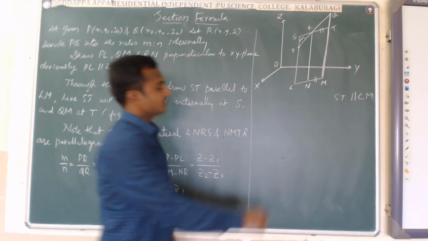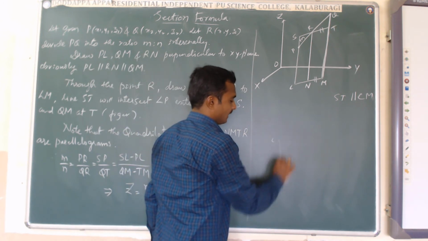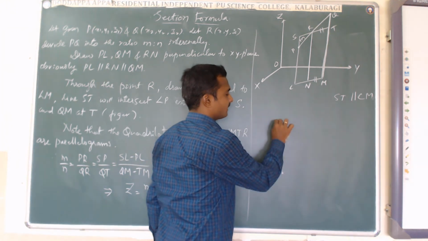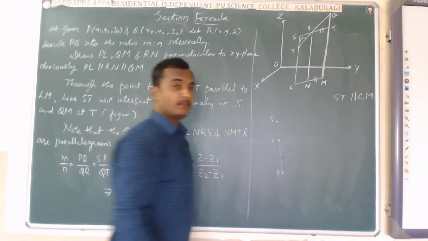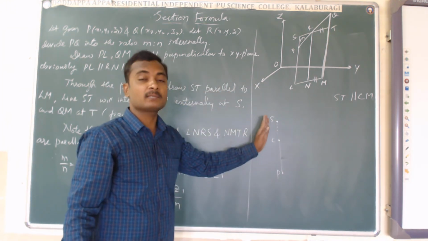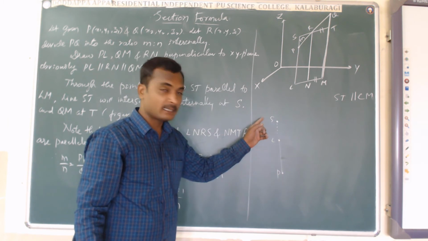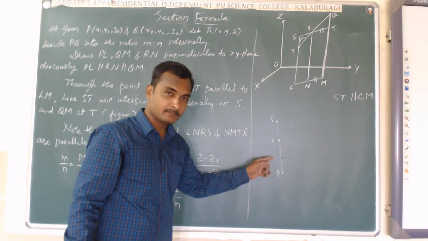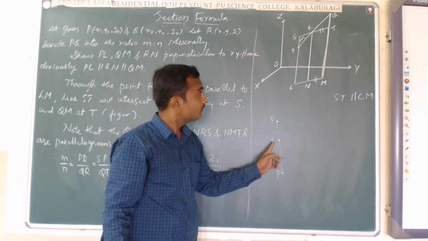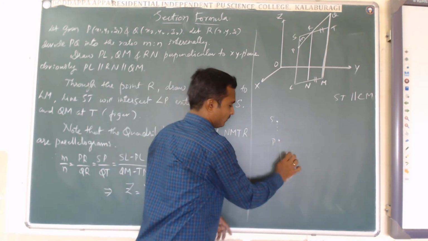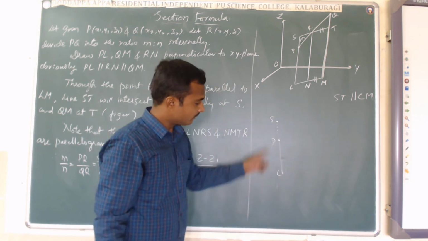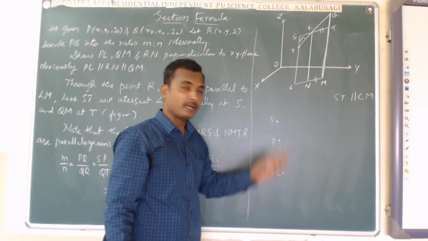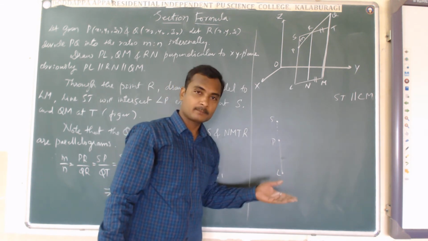You can see there is an extension. The line is LP, and from this point L there is an extension, and there is a point S. It means the external division of the line LP. The point S is the external point of division of the line LP. The line is extended to the point S, so that the point S divides it externally.